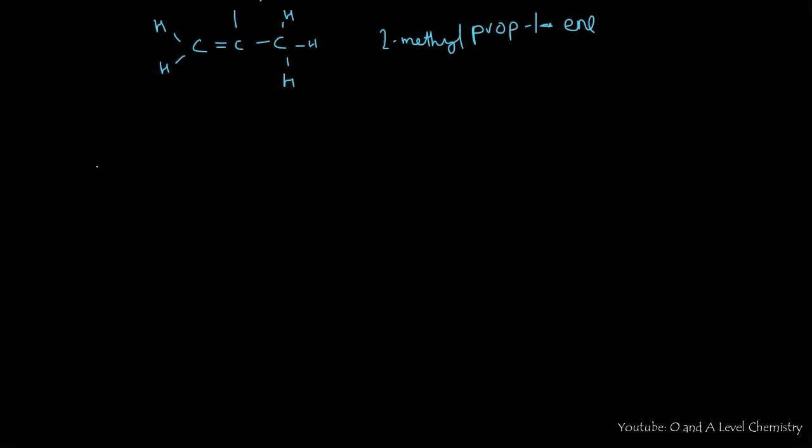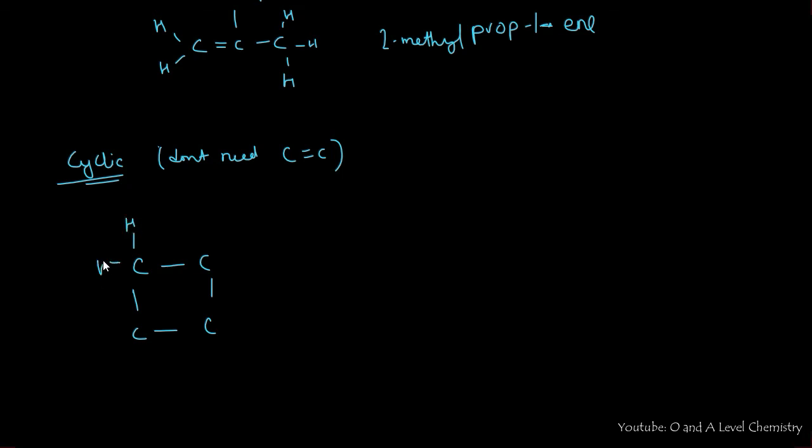Now you can also do cyclic compounds, and when you're doing cyclic compounds, for unsaturated compounds, you don't need the double bond. For cyclic, you don't need double bonds. You'll see why. So I can do this. This has 4 carbons, and they form a cycle, so it's cyclic. And this carbon has formed 2 bonds, so I can add 2 hydrogens to it.